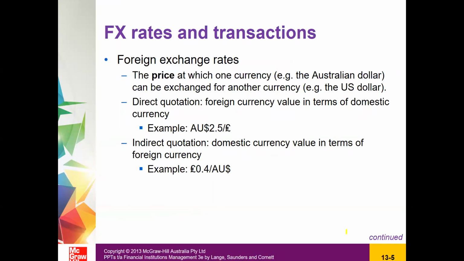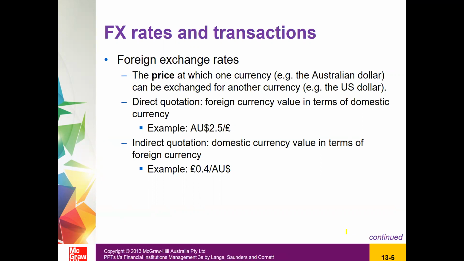First of all, foreign exchange rates. A foreign exchange rate is the price at which one currency, for example, Australian dollar, can be exchanged for another currency, for example, US dollar. Foreign currency markets have a well-defined set of conventions for quoting foreign exchange rates. Those are the direct quote and indirect quote.